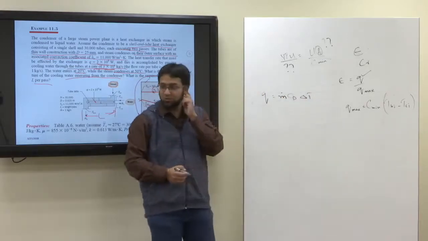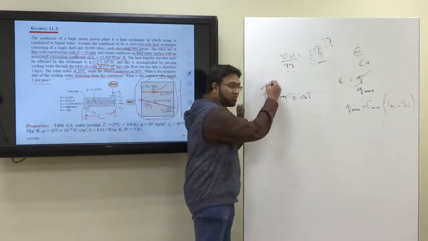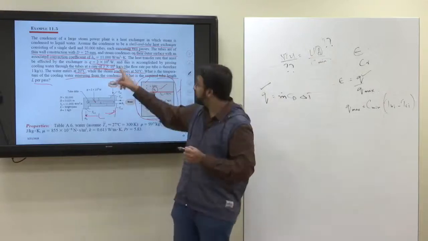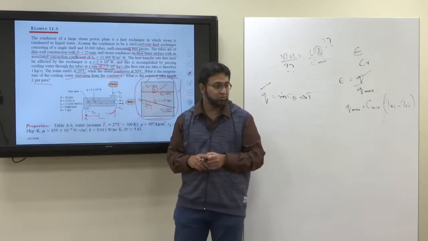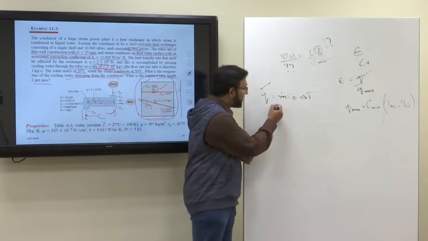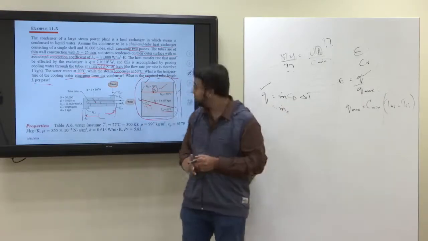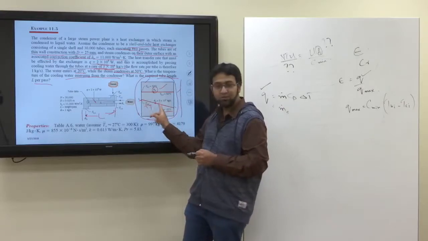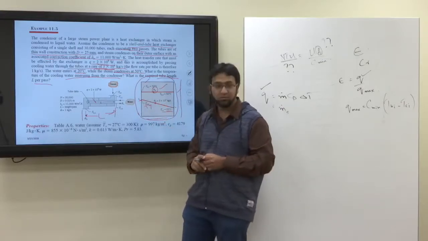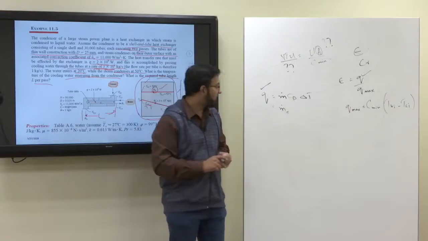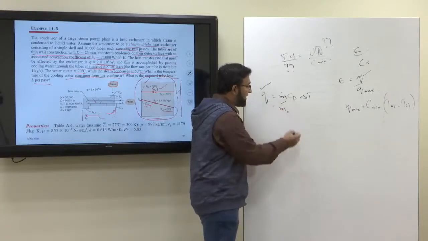You can use that formula because Q is known. Q is known, 2 into 10 to the power 9 watt, and the mass flow rate of the cold fluid is known, right? Because this is my cold fluid, and this mass flow rate is given. So the mass flow rate of the cold fluid is known, and Cp.